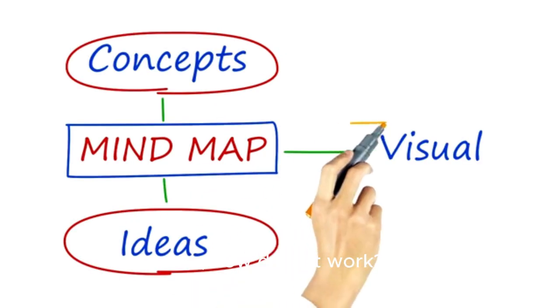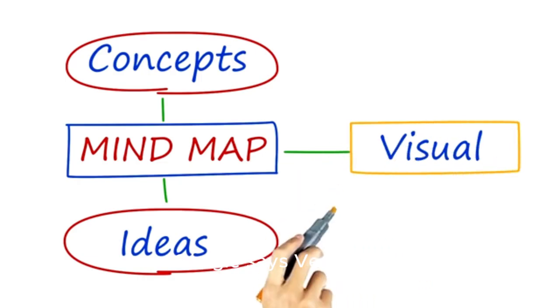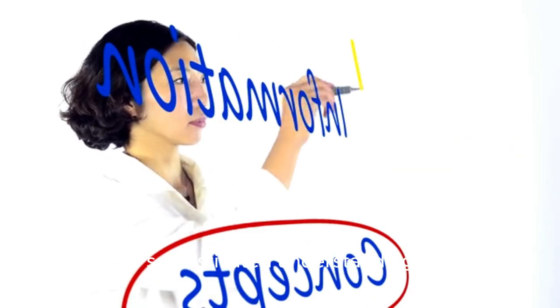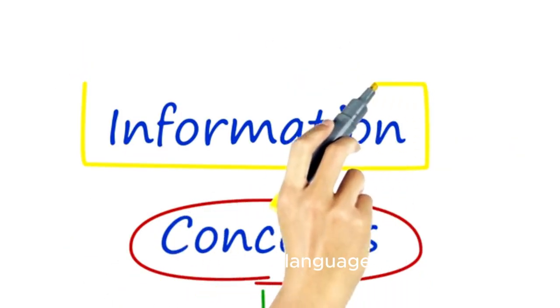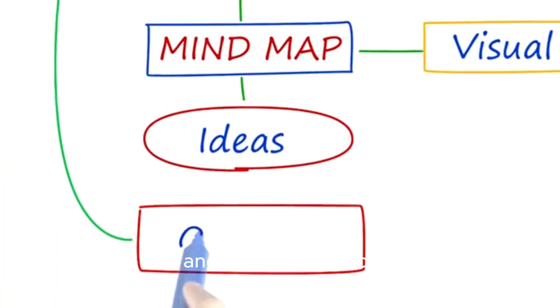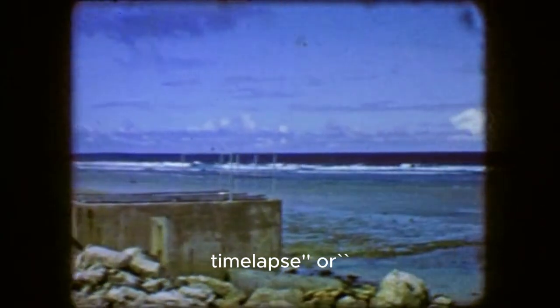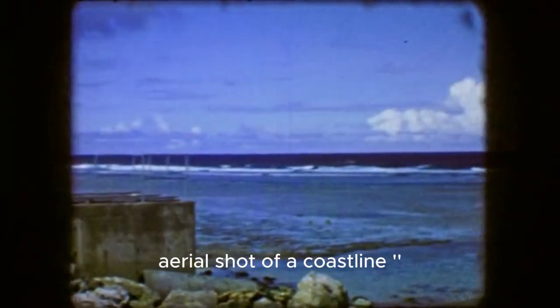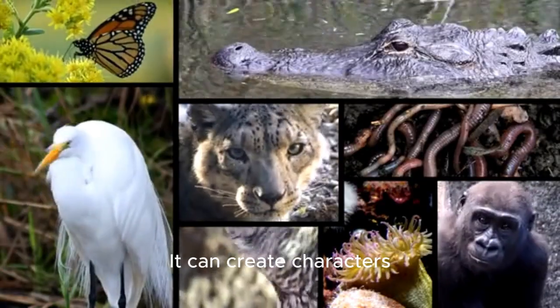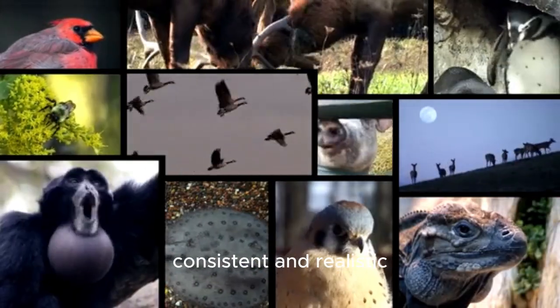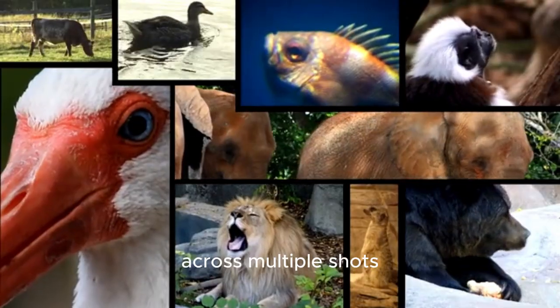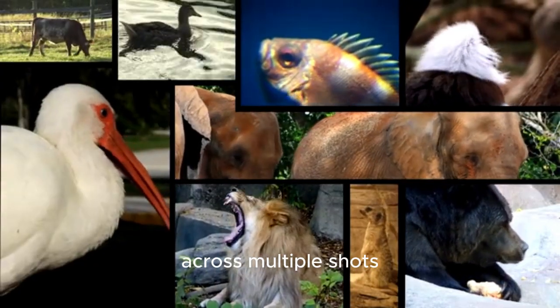So, how does it work? Google says Veo has a sophisticated understanding of natural language and visual semantics. It gets what you mean when you use cinematic terms like time-lapse or aerial shot of a coastline. It can create characters, animals, and objects that are consistent and realistic across multiple shots.